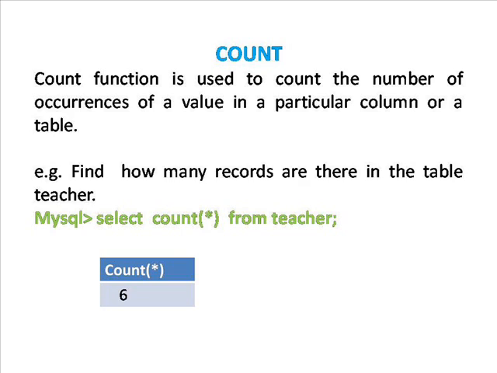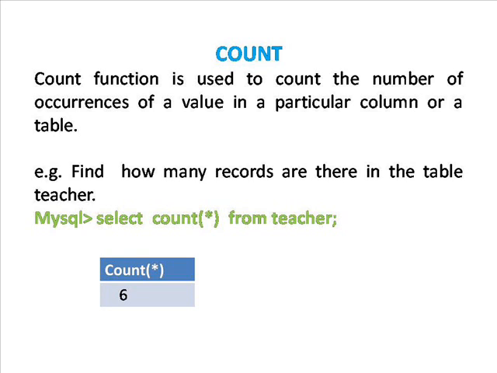Finally, we come to the aggregate function count. The count function is used to count the number of occurrences of a value in a particular column. Say for example, I want to find how many records are there in the table teacher. My query will be select count in brackets star.